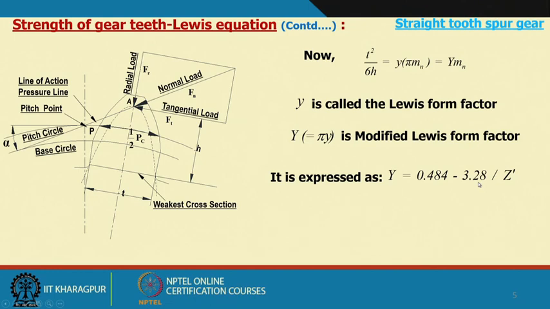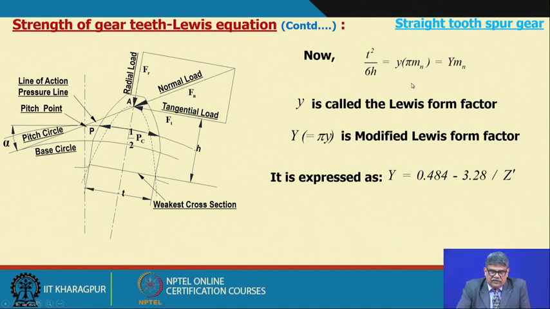Therefore, we will be able to express the stress in terms of this form factor, and this form factor can be written in this form. A table is also available, because Lewis developed the table where y is given for different sizes of teeth. It will not depend on the module, it will depend on the teeth number.